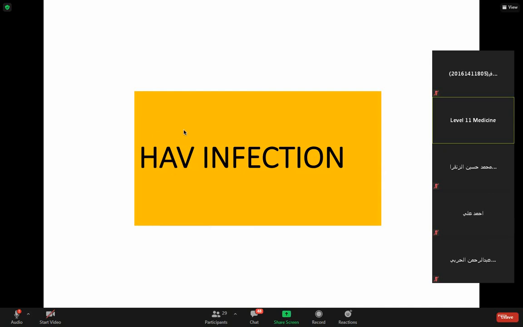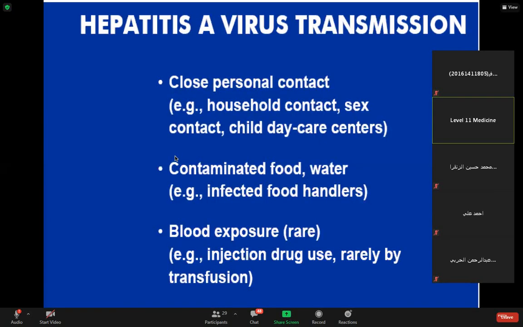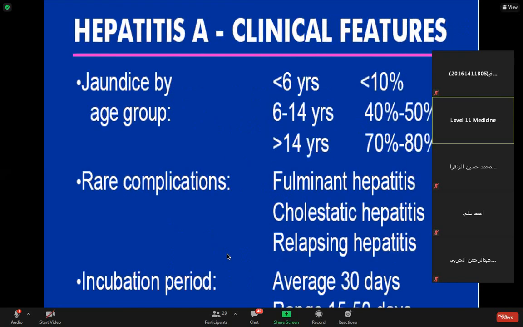Okay, let's continue. Hepatitis A is common globally, and Saudi Arabia is considered to have a high prevalence of hepatitis A, as you can see here. How do we contract hepatitis A? Well, basically through close personal contact, but it's commonly through contaminated food or water, and rarely from blood exposure.